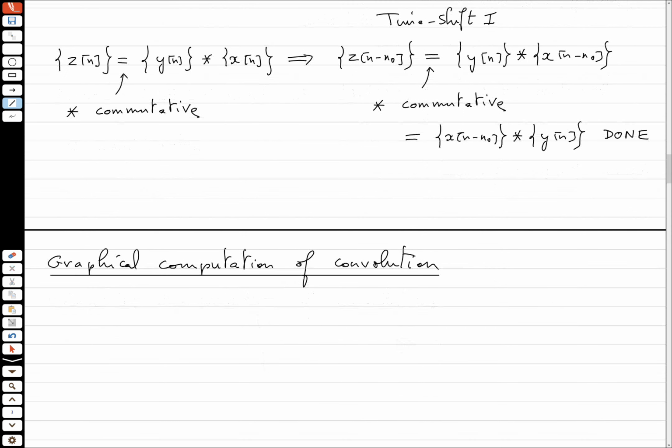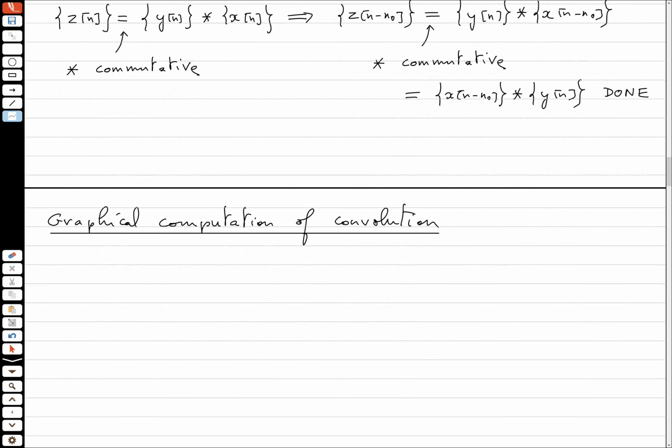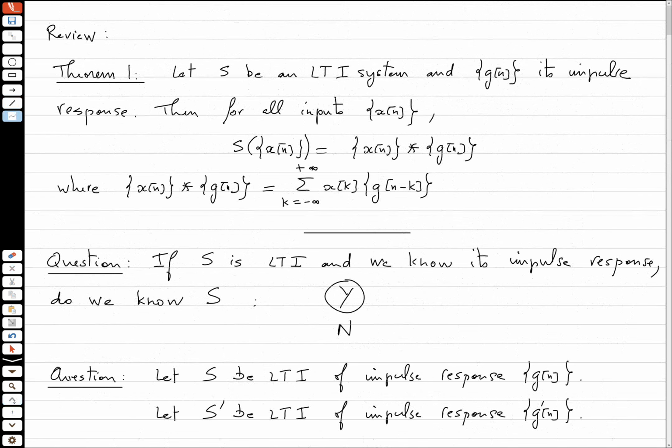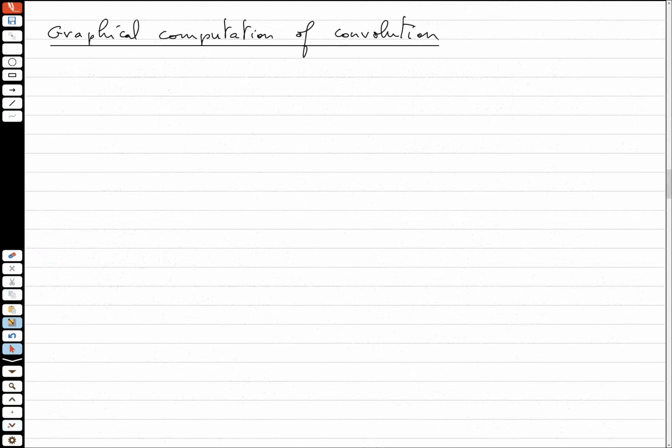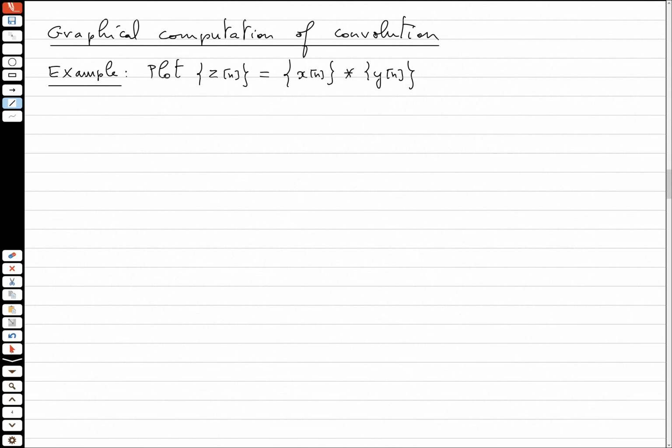So example, we're going to consider as an example, plot this convolution where x of n is the following sequence.